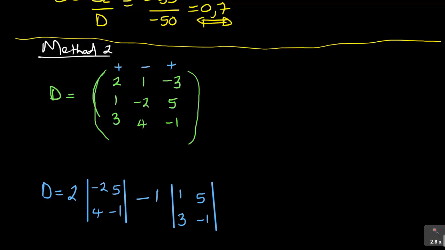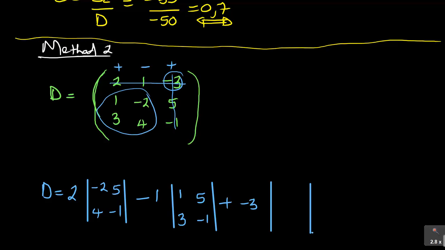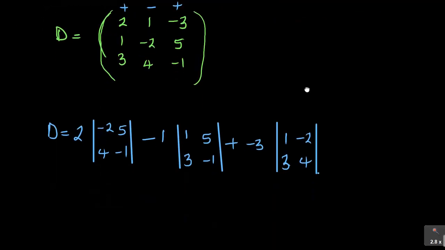And then after that, I've got plus, and this plus that number, which is negative 3. Then I do the same thing here. If I cross out negative 3 and its row and column, I'm left with 1, 3, minus 2, and 4 — this is what I'm going to evaluate at the end of the day.